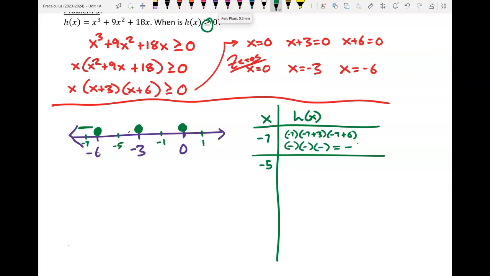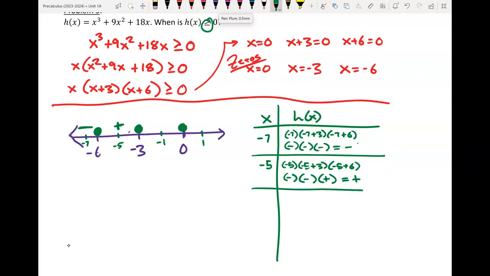Negative 5, negative 5 plus 3, negative 5 plus 6. So this gives us a negative, another negative, and that one is actually positive, so that results in a positive number. So that one is greater than 0. So we have part of our solution already.